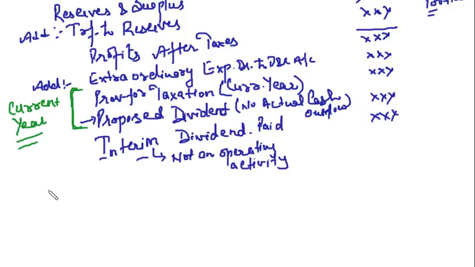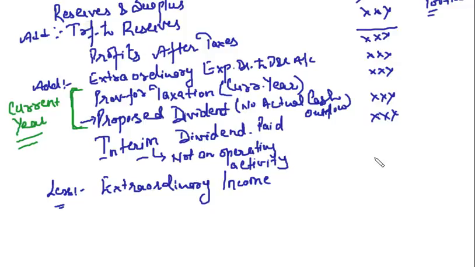Now, what is to be subtracted? Can you tell me? Very simple. Any extraordinary income we will subtract, and any refund of taxes. Right?